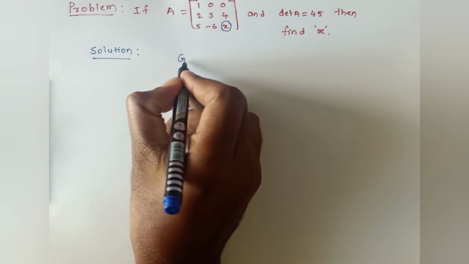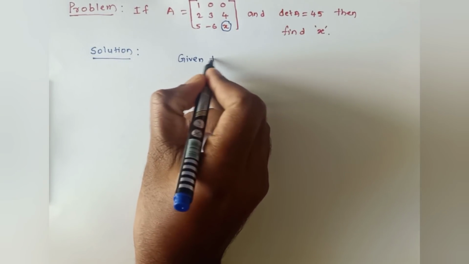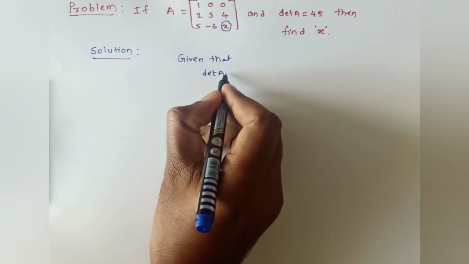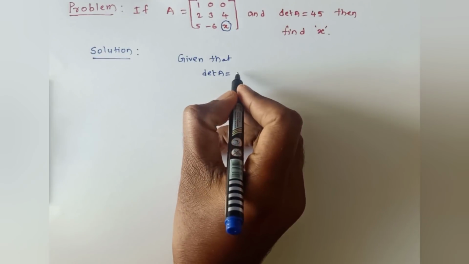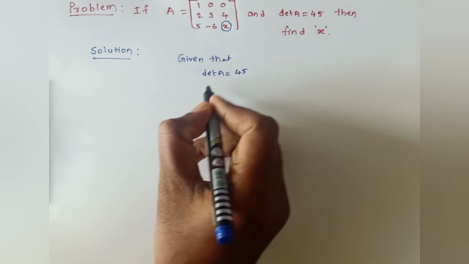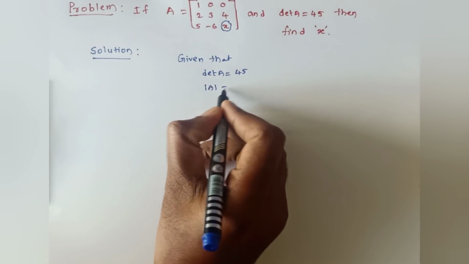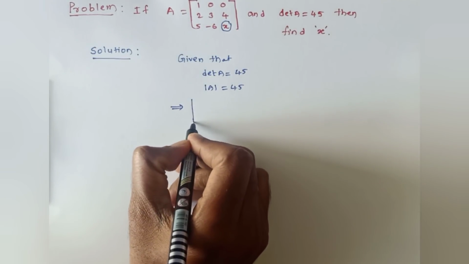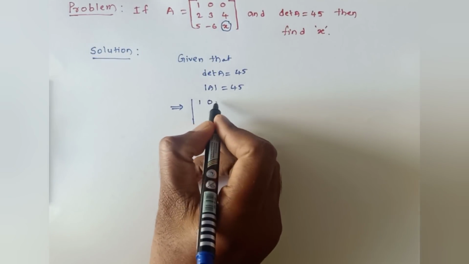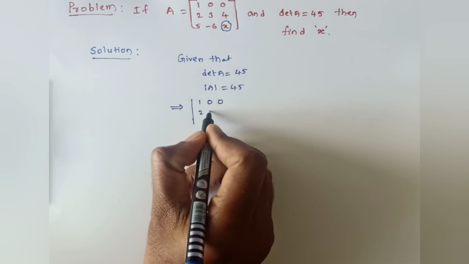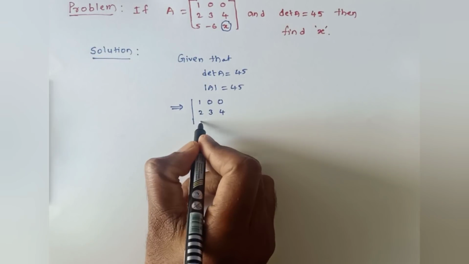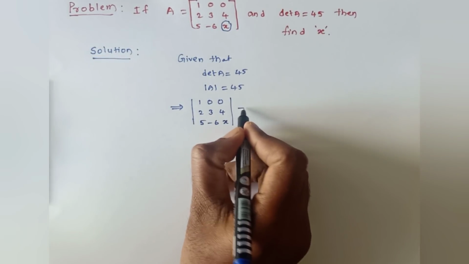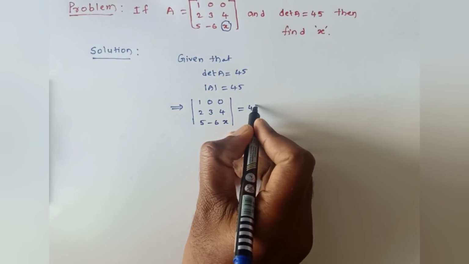So det A is 45. This implies, det A means the matrix A that contains the elements, and this is x. So you know how to evaluate the determinant of a 3 by 3 matrix.